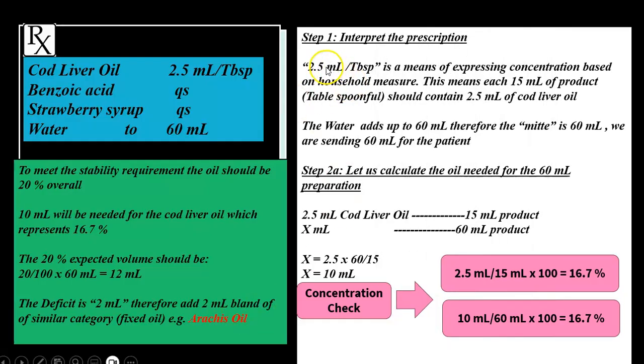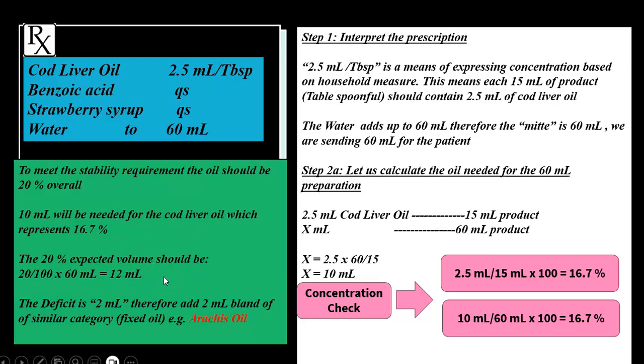Here is the interpretation. 2.5 milliliters per tablespoon means, it's a way of expressing concentration, by the way. It means that for each tablespoon, it's carrying 2.5 milliliters of cod liver oil. So therefore, we need 10 milliliters for the 60 ml product. And that is below the stability requirement because the stability requirement says we need 12 ml.